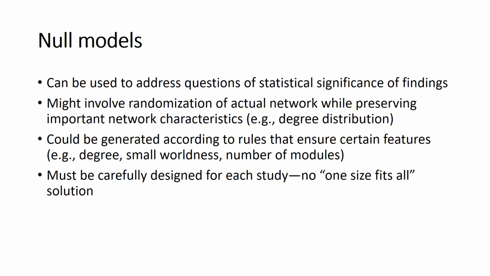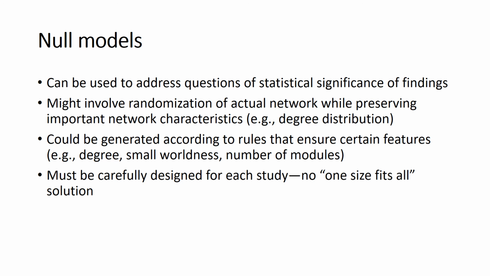I just want to really briefly mention the problem of null models. Let's say you want to make a statement about the modularity of the brain. How do you decide if that modularity is important? You need to find some way to say whether that modularity is something that you would expect by chance. Depending on the question you're asking, you might have to be very careful about how you make your network structure.